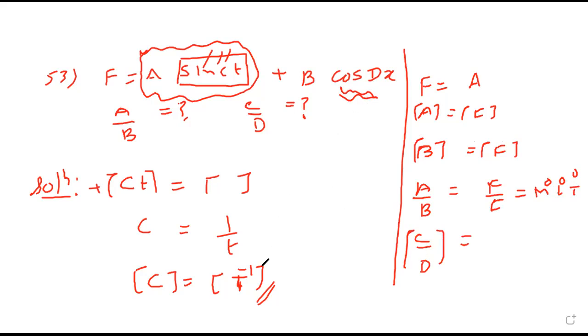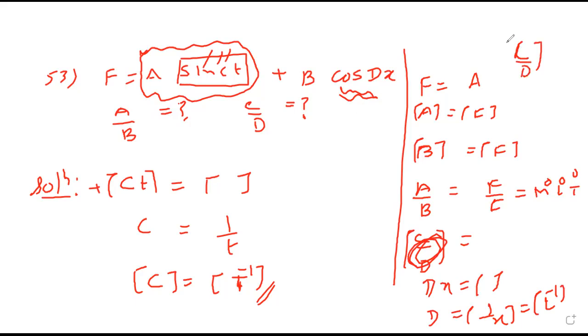C upon D: C is T minus 1 and dx is dimensionless. Therefore, D is 1 upon x, which is nothing but L minus 1. So the dimension of C upon D will be per second upon L minus 1, that is L1 T minus 1. Check, do we have this option?